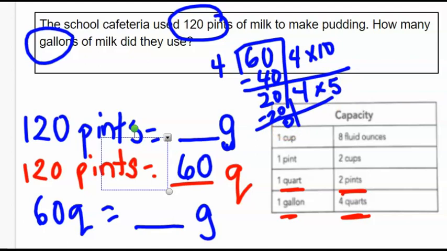And then I'm finished. So how many times did I divide that by? 15. So 60 divided by 4 equals 15. So 60 quarts equals 15 gallons. So that also means that 120 pints equals 15 gallons. So they used 15 gallons of milk to make pudding.